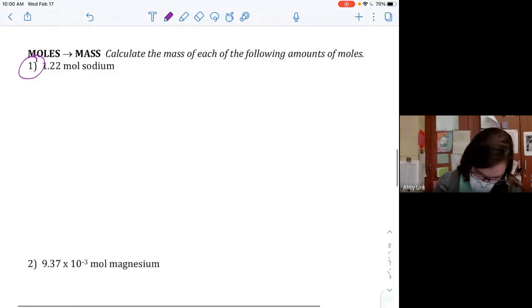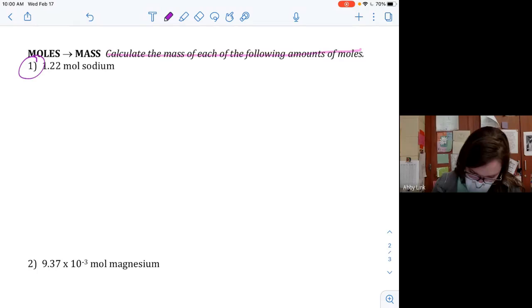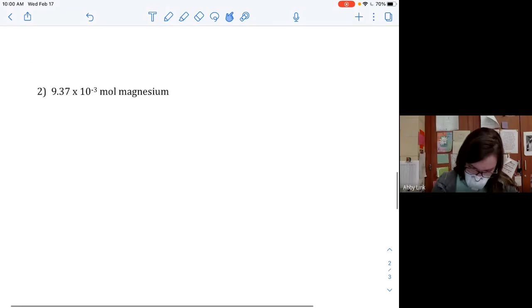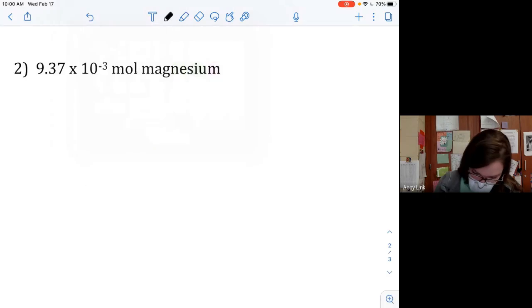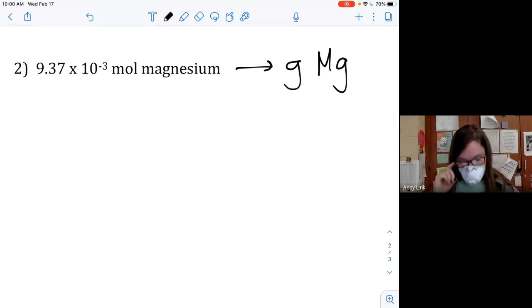All right, let's read the problem. It says calculate the mass of each of the following amount of moles. So I'm given moles of magnesium, and I'm trying to go to grams of magnesium. Magnesium is Mg. It's element number 12 on your periodic table.